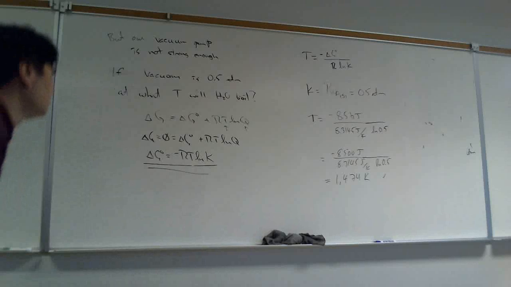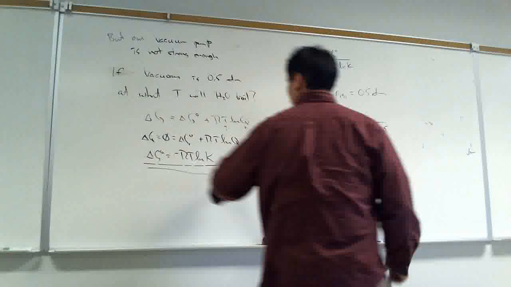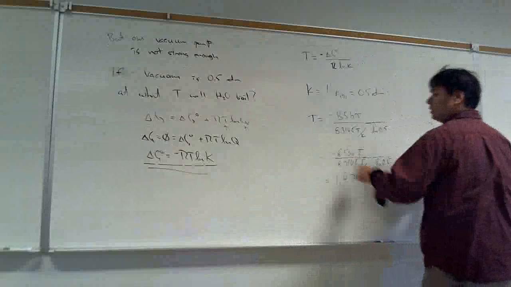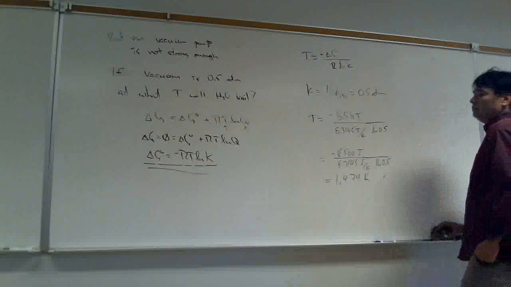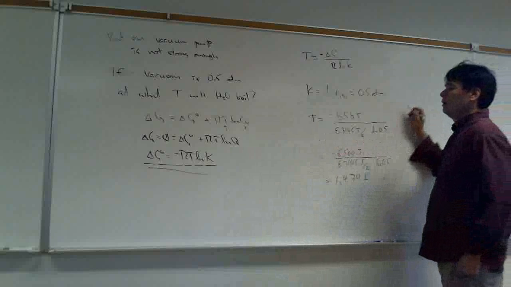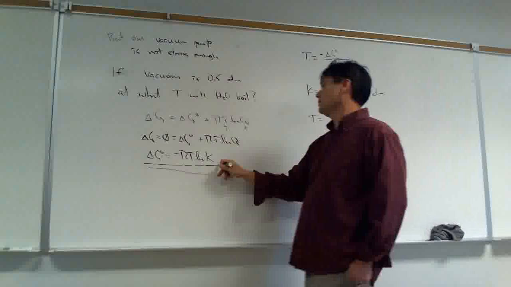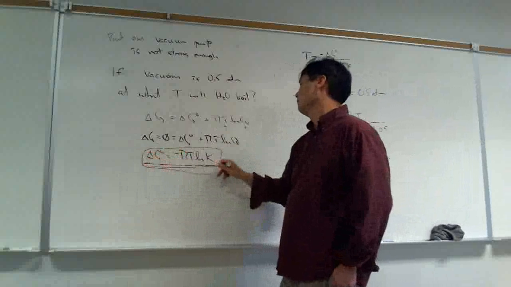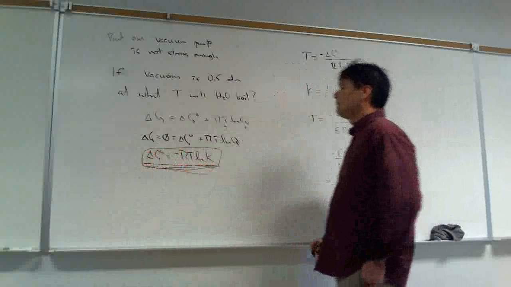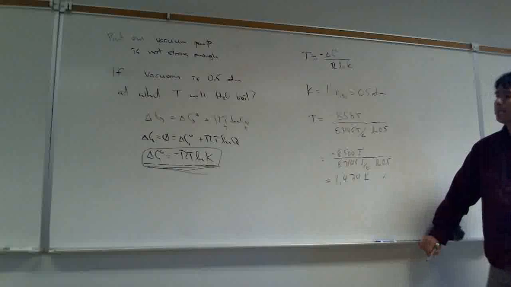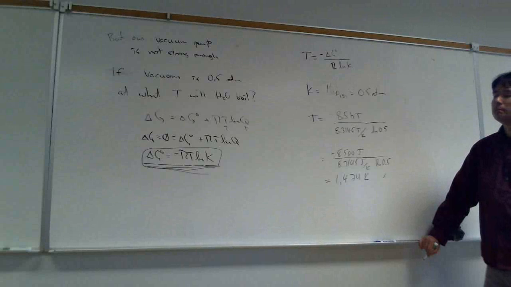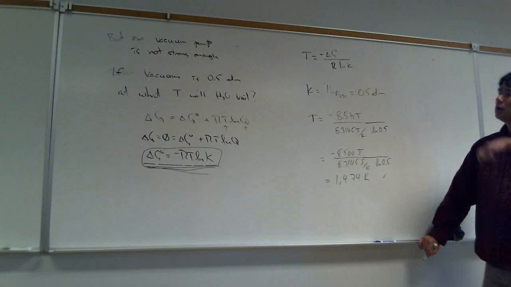In fact, delta G is related to K. Do you see the relationship between delta G and K? It's right here. And so this shows the relationship between delta G and K. What could be wrong?